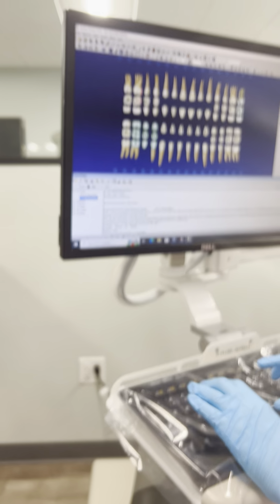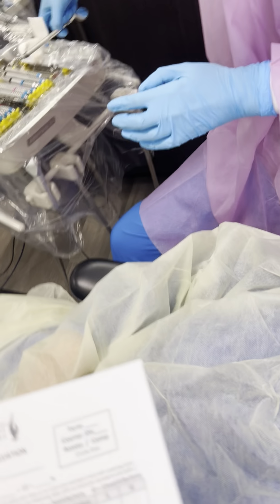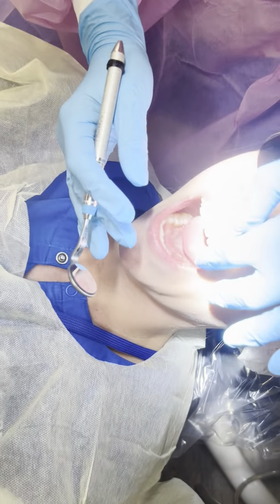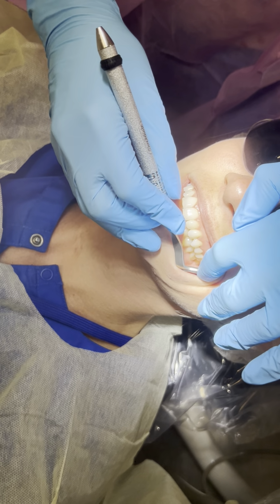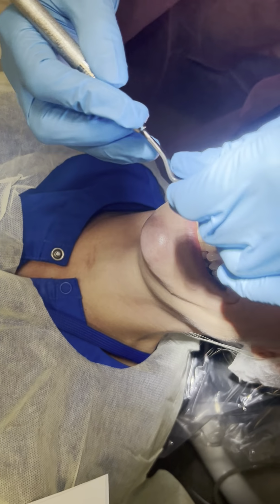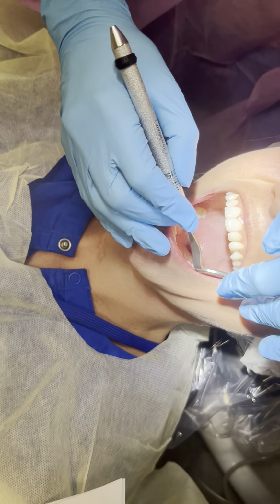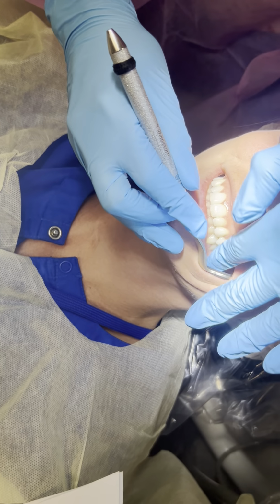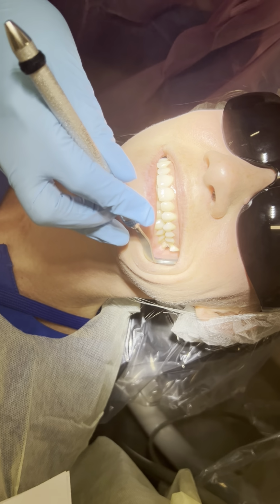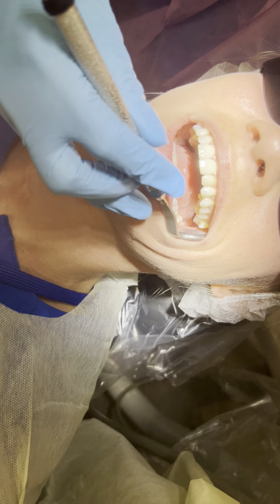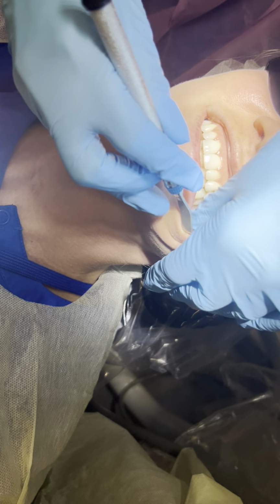Keep biting down. I don't see any crossbite, as you can see. Bite down. Look at those molars. Is the buccal cusp sitting on the fossa?